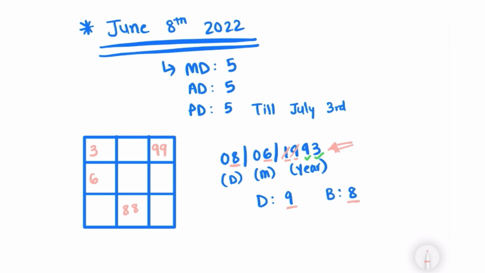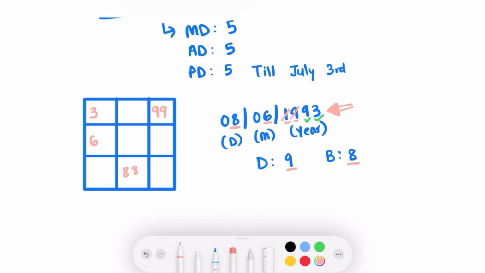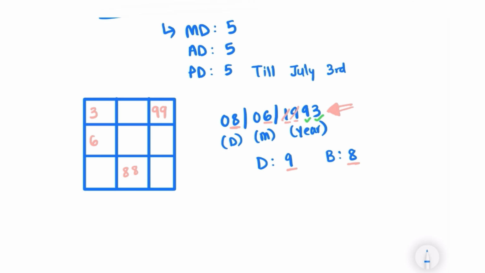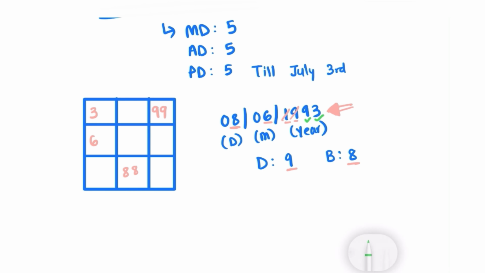So now how do we use Mahadasha, Antardasha and Pratyantardasha in this grid? What we do is, this person's Mahadasha is 5, right? So with a different color, I'm going to add 5 over here because 5 goes here. Then the Antardasha is also 5, so I'm going to put one more 5.